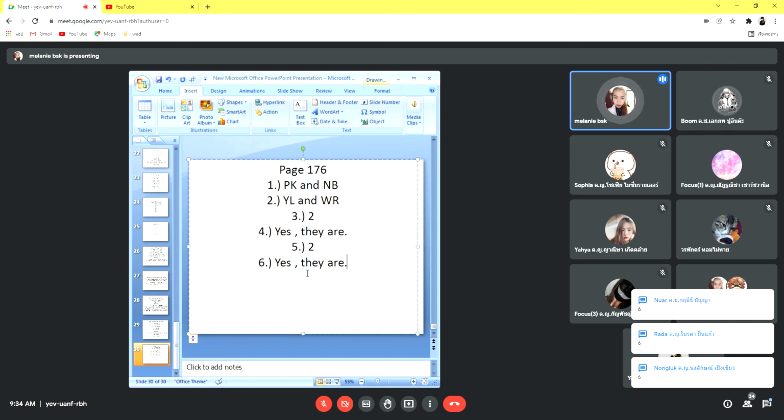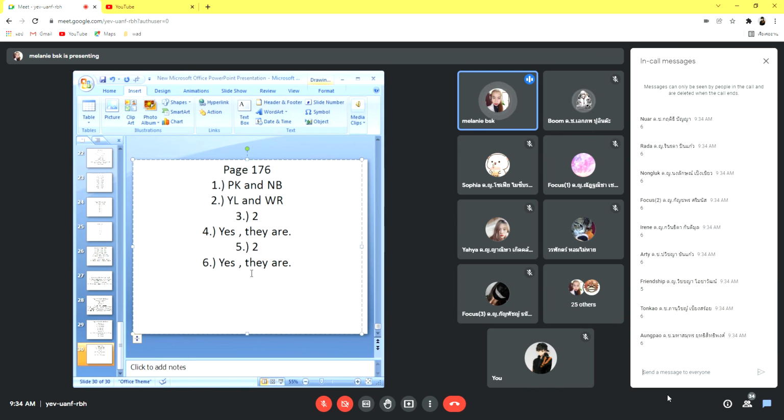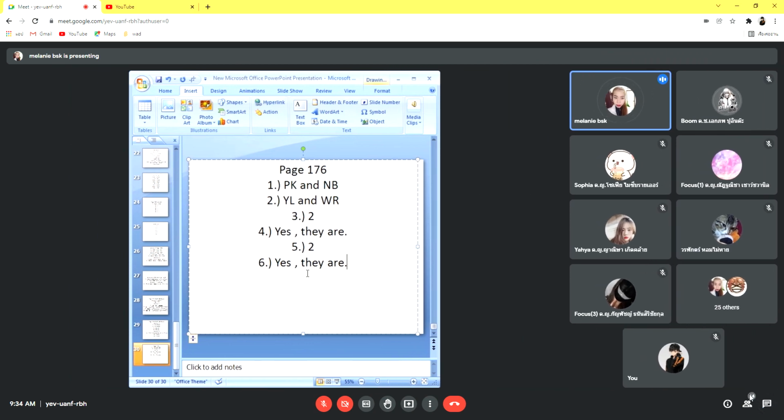Rada, 6 points. Nunglak, 6 points. Focus 2, 6 points. Irene, 6 points. Ati, 6. Friendship, 5. Tongkao, 6. Angpao, 6. Wow. Mini, 6. Winning, 6. Focus 1, 5. Boom, 6.